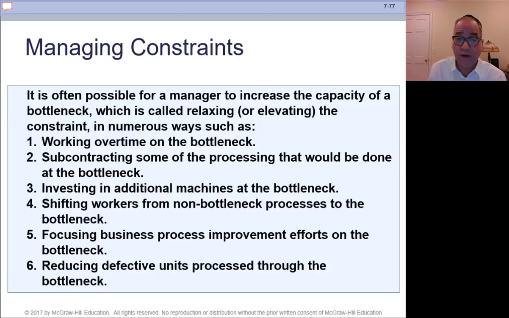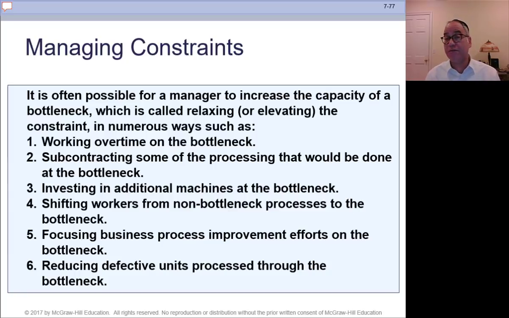So this is a key way to increase efficiency and productivity. And what are some of the ways that you can do this? One is to work overtime on that bottleneck. So keep that one machine running a few extra hours a day in order to increase your profits. Or find another way to get that process done. Find a company that can do the stitching for you to work your way around the bottleneck.